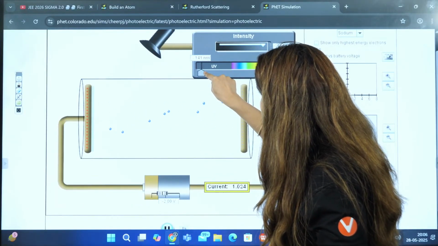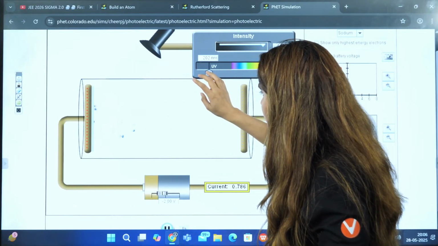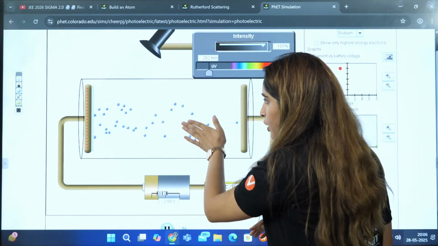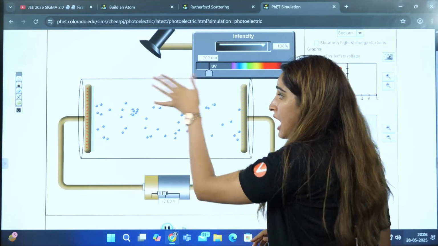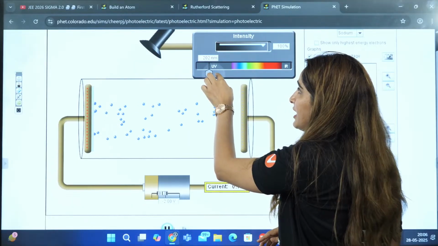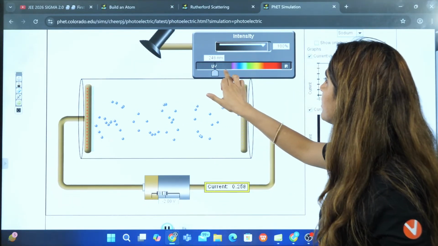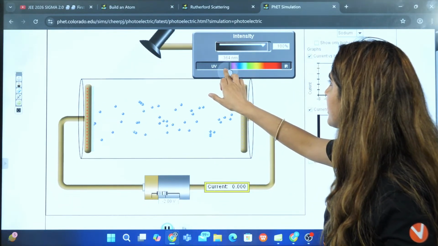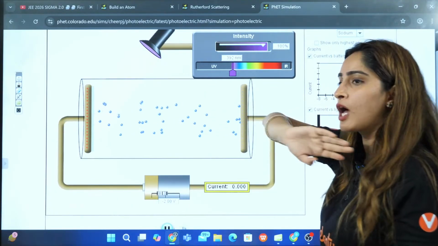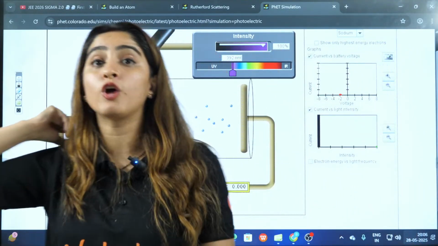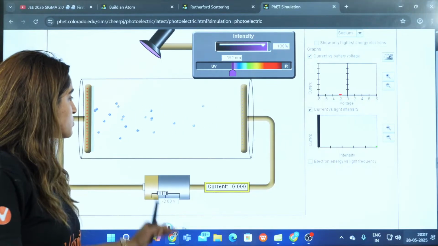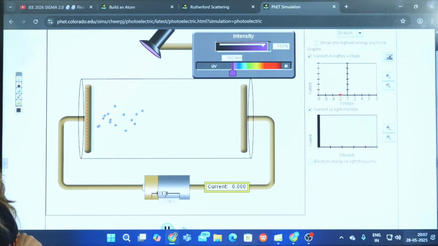So when your potential is retarding, you have negative potential, right? Let's change the frequency also. At some frequency, you will see that electrons will start moving backwards. That means the current will decrease. Let's maintain this frequency. Now I will not change the frequency, I'll only change the voltage. This is minus 2. At minus 2, let's see what happens.